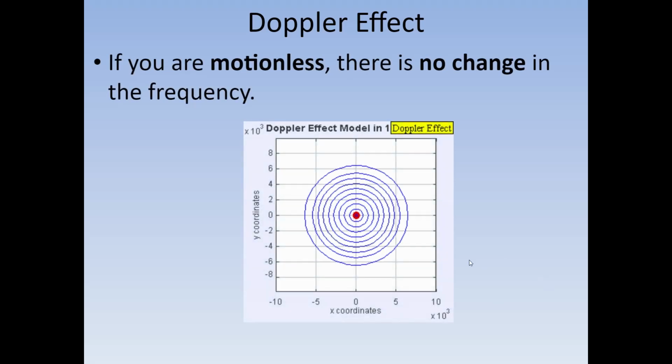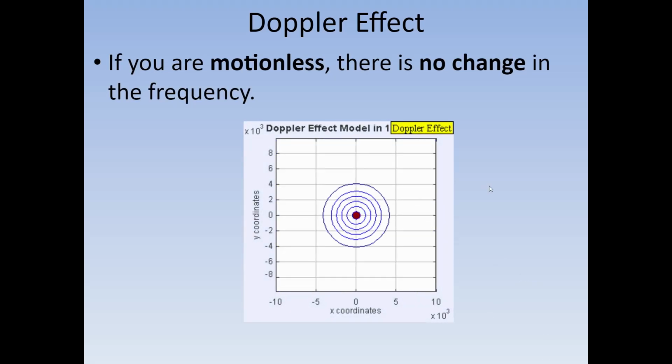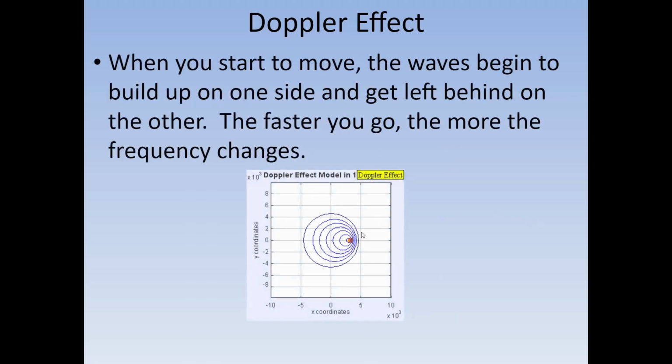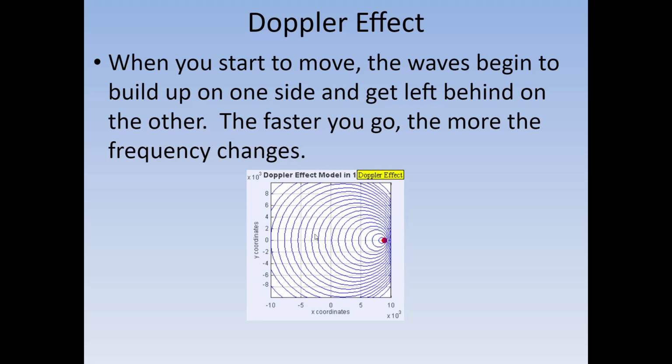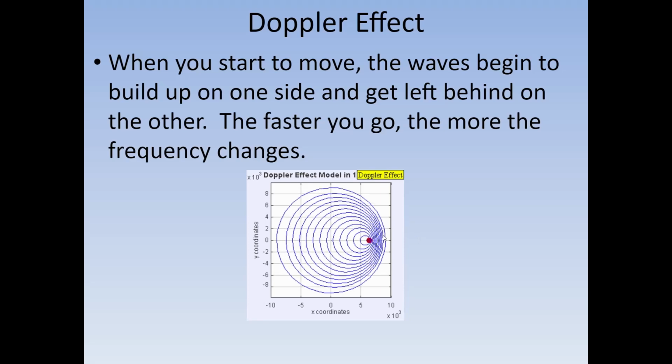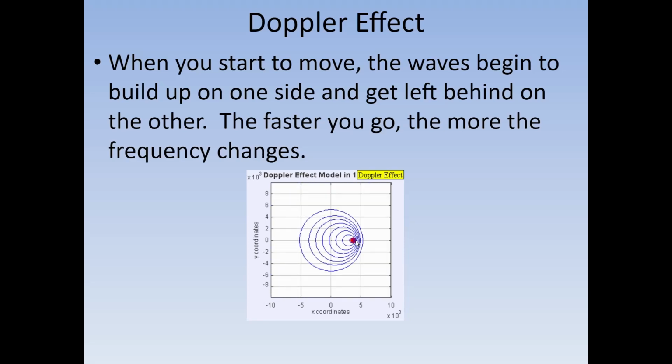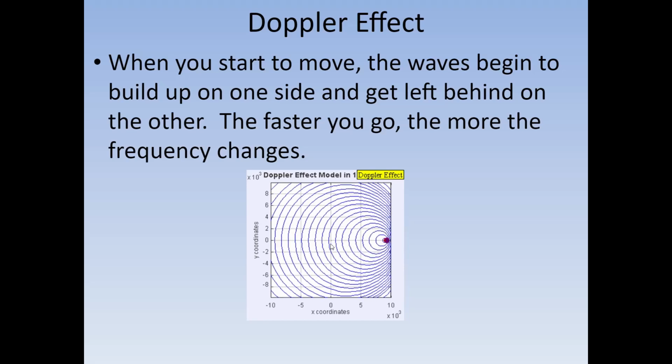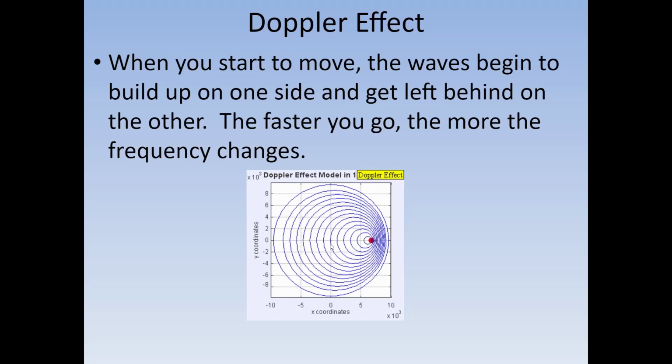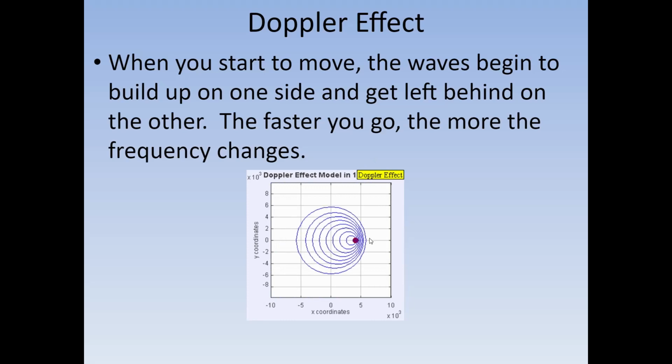All right. Now, if you're motionless, there's no change. The sound goes outwards, and the wavelength is the same all around. All right, so nothing crazy. But once you start moving, what you'll notice is that the waves in the direction that the object is moving towards will start to get bunched up. So if you have a car and it's releasing sound waves, the next time it releases that next pulse, essentially, it's moved forward.